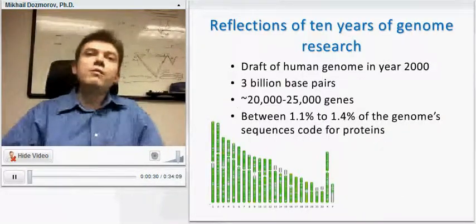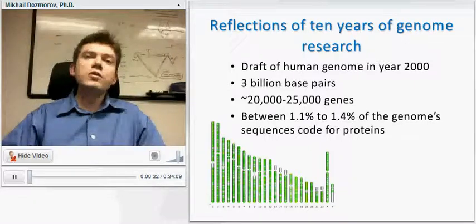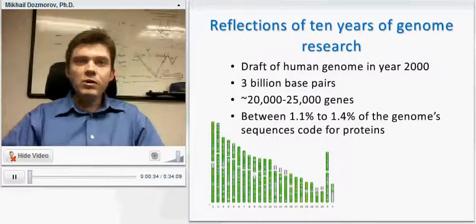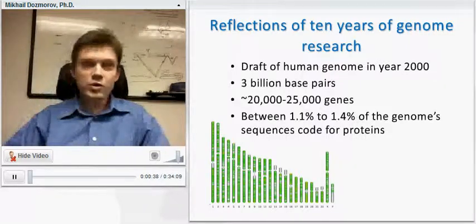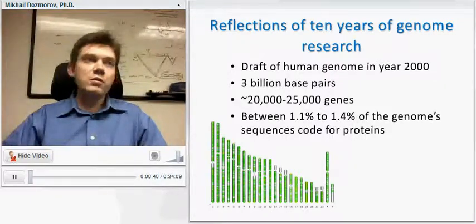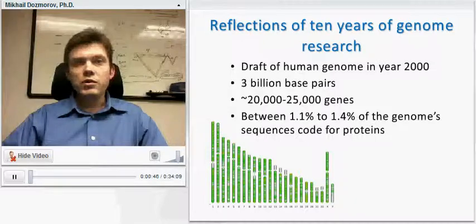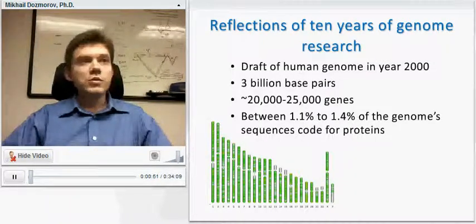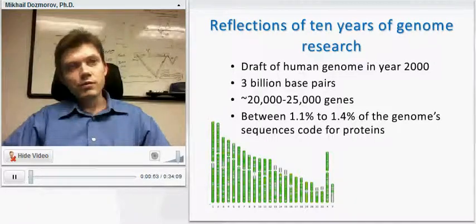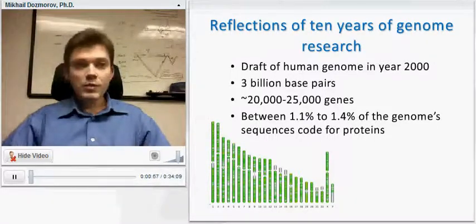Let me first reflect on 10 years of genome research. As we all know, the draft of the human genome was created in the year 2000, and it was found it has about 3 billion base pairs. The human genome contains from 20 to 25,000 genes, and it's been found that about 1.1 to 1.4 percent of the genome sequences code for proteins.